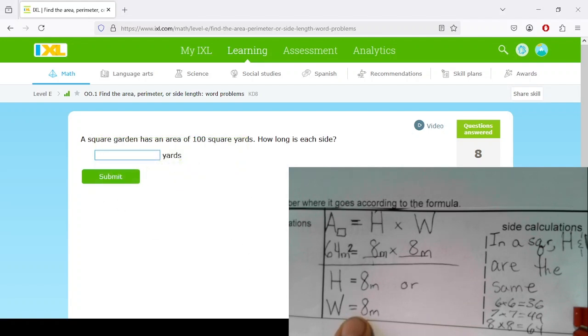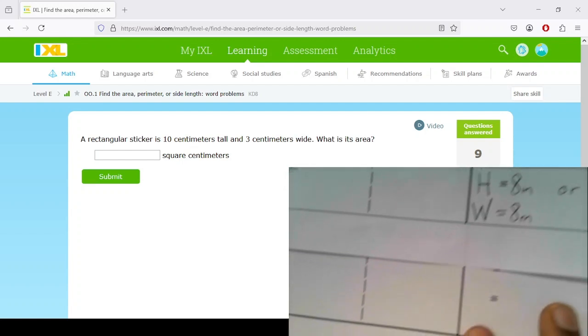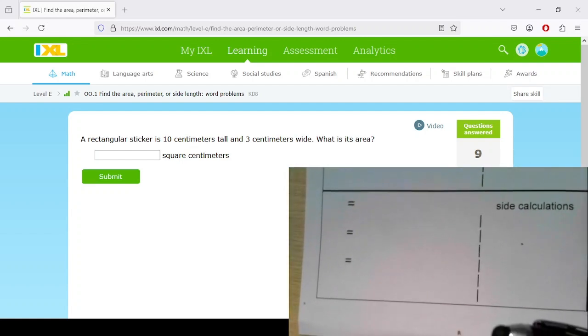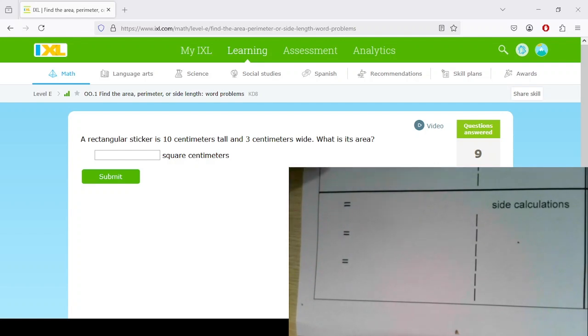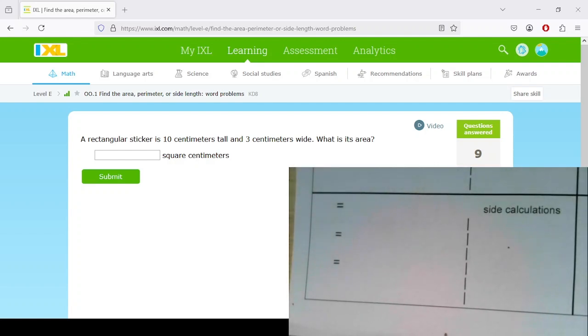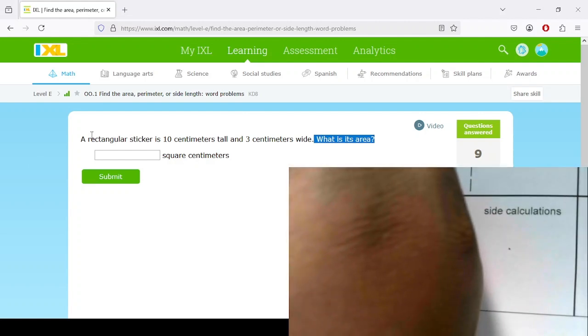We'll do one more example with area, because you're not always going to have a square. My actual question is, what is its area? So I'm looking for area. So I'm going to write and say that formula.